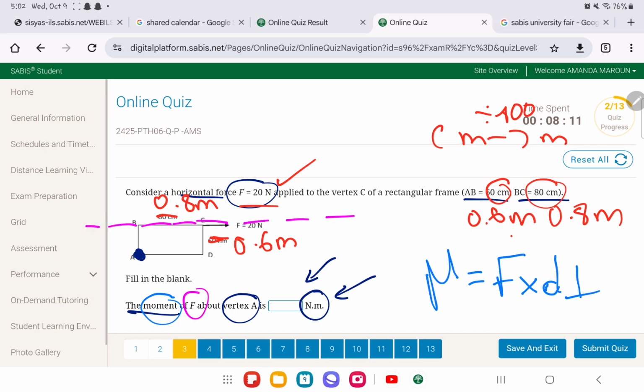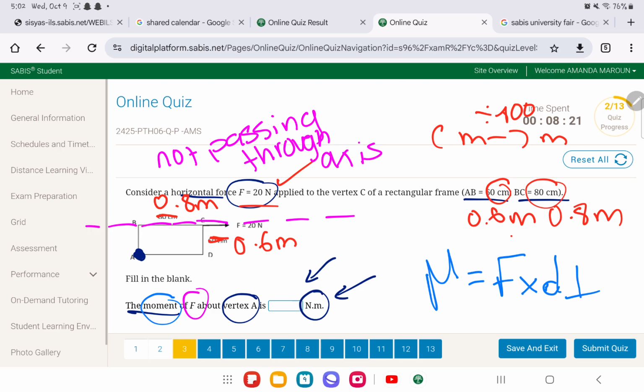Is it passing through our axis? No, it's not passing through the axis. That means the moment is not 0. If it is passing through our axis, then our moment is 0, so it will not do a rotation. Here it's not passing, so it will do a rotation.